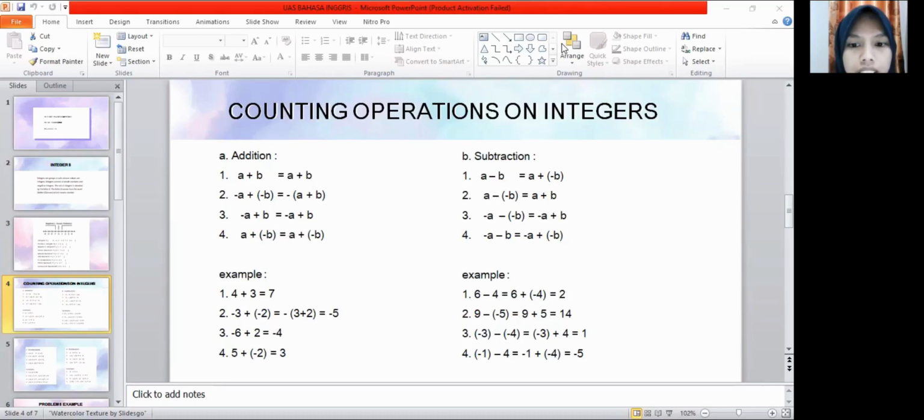Number 3, negative 3 minus negative 4 equals negative 3 plus 4 equals 1. And the last, number 4, negative 1 minus 4 equals negative 1 plus negative 4 equals negative 5. E.